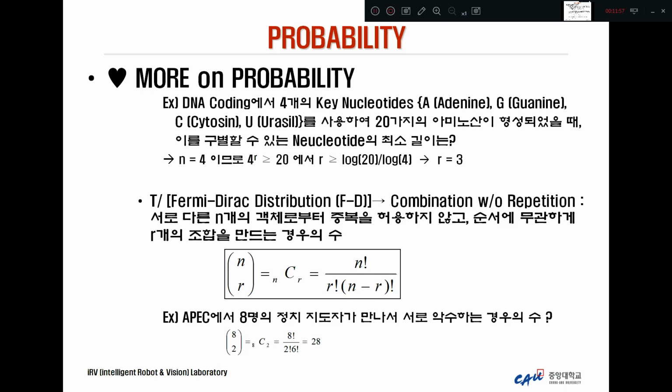By the way, leptons are electron, muon, tau, etc. Quarks have different names. So in total, we have 6 quarks and 6 leptons. So this particle called the fermion will make substances in the real world eventually. So this statistics will follow the Fermi-Dirac distribution, combination without repetition.